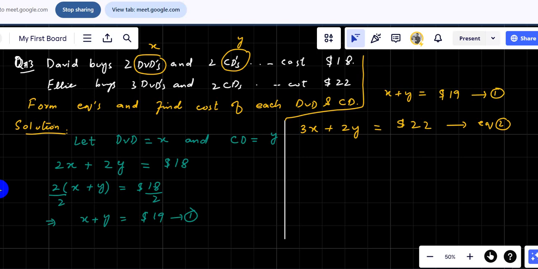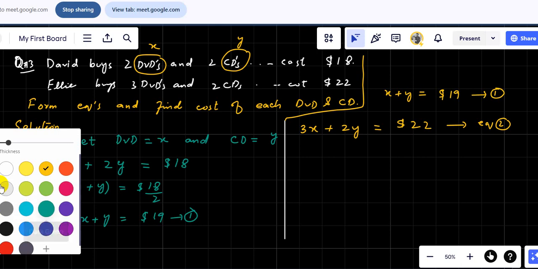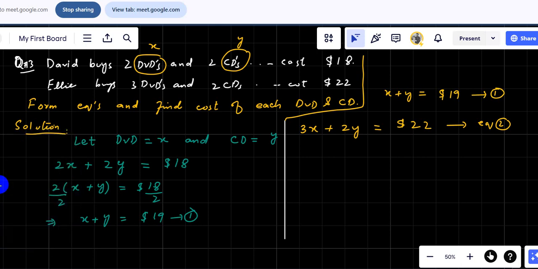So can you please guide me how I can solve this simultaneous equation? By 2. So do you want to eliminate y or x here? Please specify, mention it. Yeah, perfect.